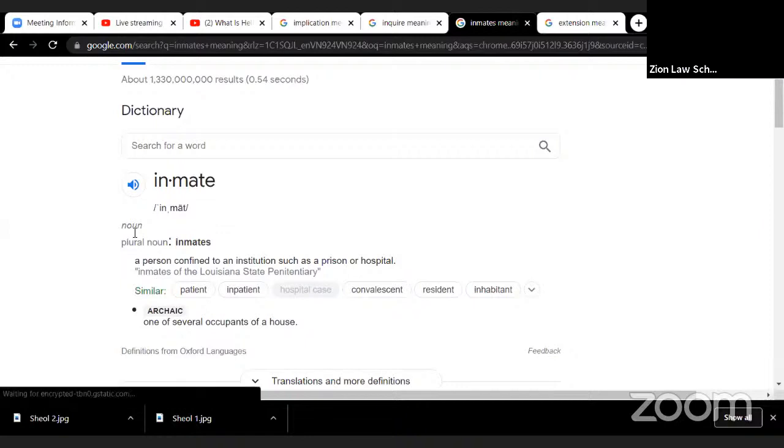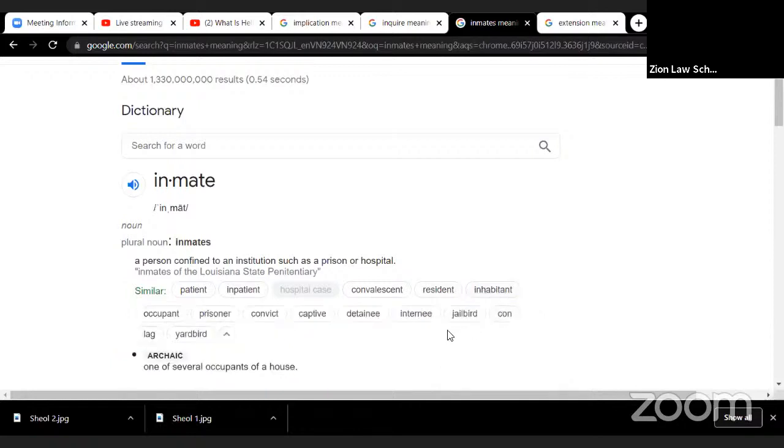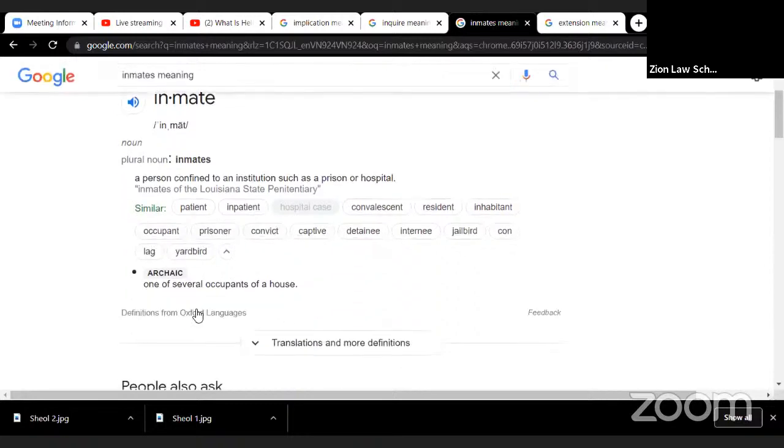Inmate, as a noun, a person confined to an institution such as a prison or hospital, patient, inpatient, convalescent, resident, inhabitant, jailbird, internee, detainee, captive, convict, prisoner, occupant. Okay, the archaic, one of several occupants of a house. Oh, so this would be the ancient meaning.